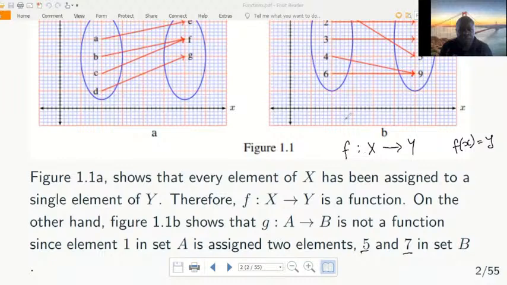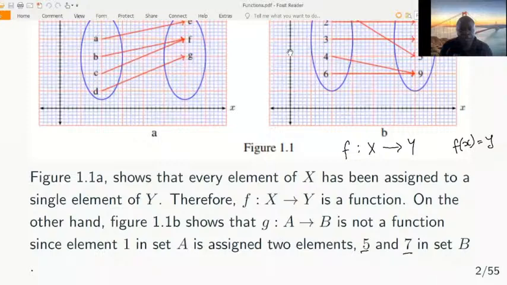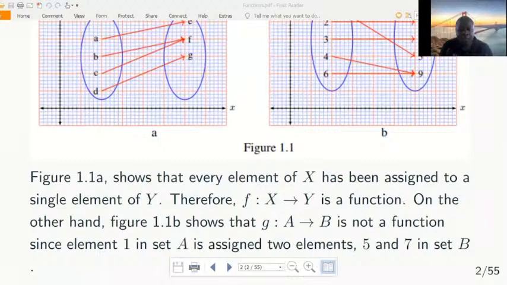So that means that G is not a function. So you need to know, if somebody gives you a diagram or an equation to tell whether something is a function or not, you should be able to use that knowledge. Check to see whether all the elements in the domain have been assigned to images, and if every object has 1 image, just check and see.